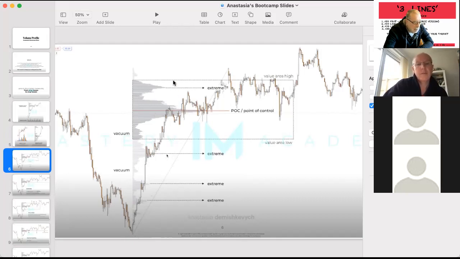She's using, I believe, the same V70. So she's using the darker grey areas as the field of play, the value area low to value area high. There's other price activity outside, but this is the other 30% of pricing. So she's focusing on the same target as we focus on V70.